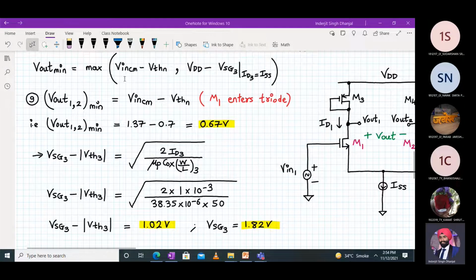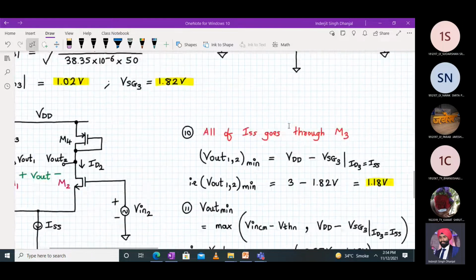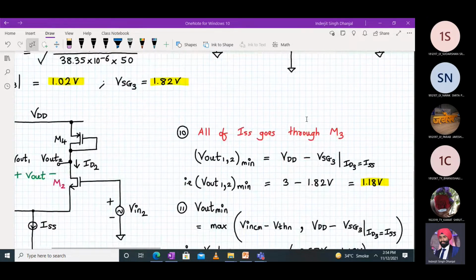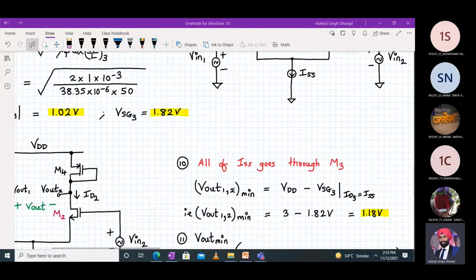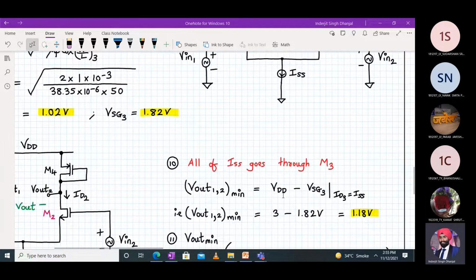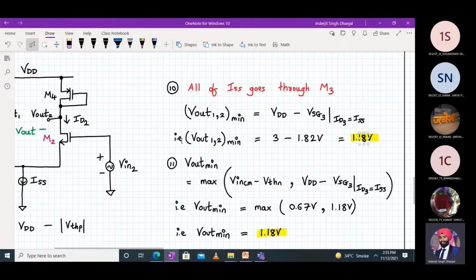We found V in CM minus VTN, which is 0.67, and now we are finding VDD minus VSG3. Now all of the ISS goes through the M3 transistor. So V out 1, comma 2 minimum value will be VDD minus VSG3, and that value is 1.18. But V out minimum will be the maximum of these two values. So we got 0.67 and 1.18, so we select 1.18.